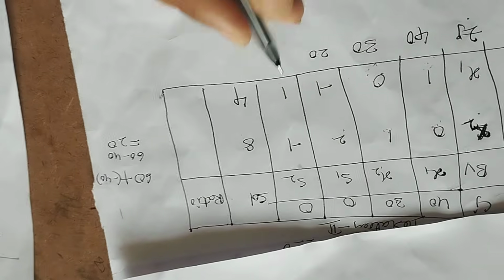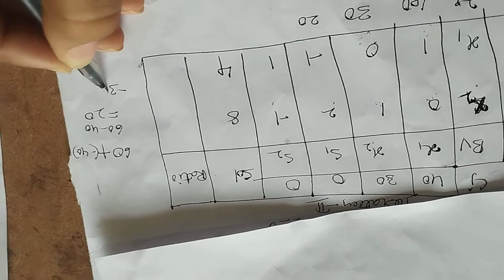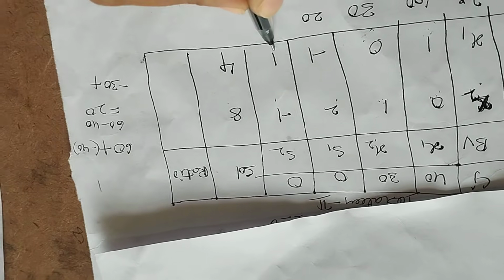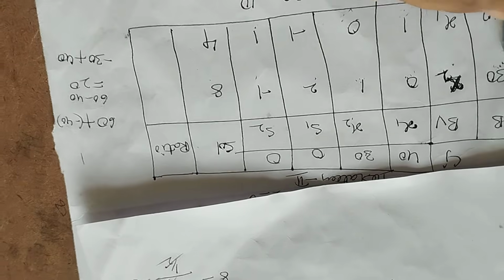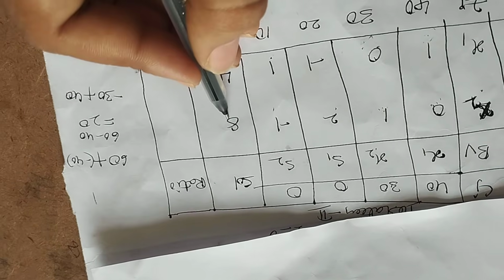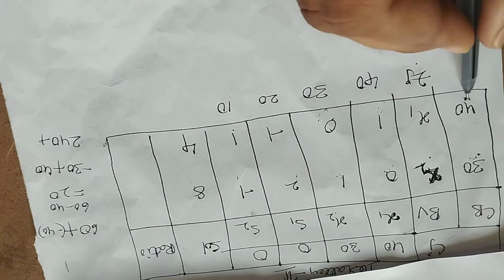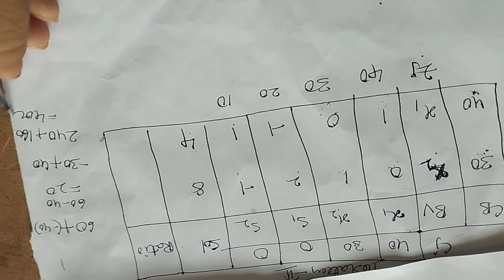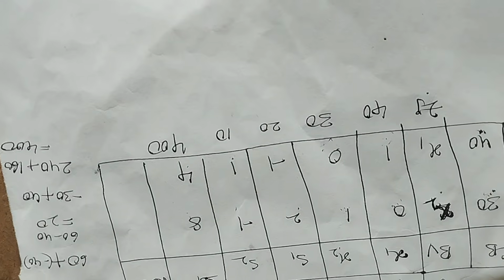Here I am writing 20. 30 into minus 1, minus 30, plus 40 into 1, 40. That means 10. And here 30 into 8, 240, plus 40 into 4, 160. That is equal to 400.